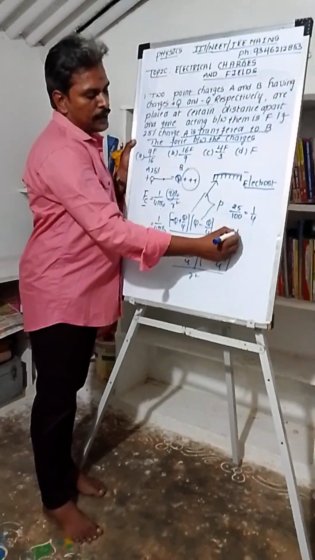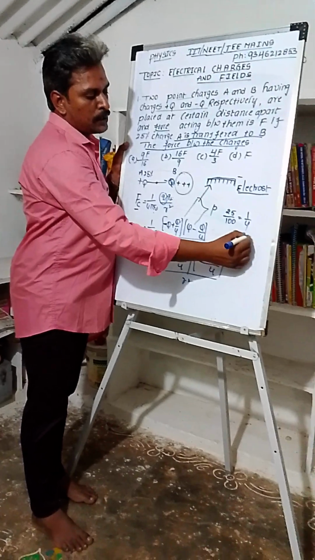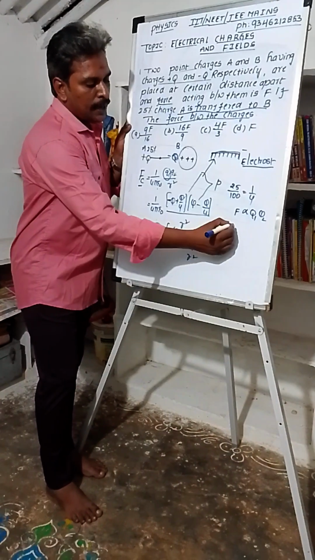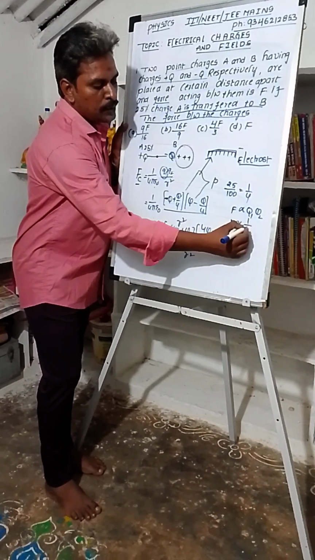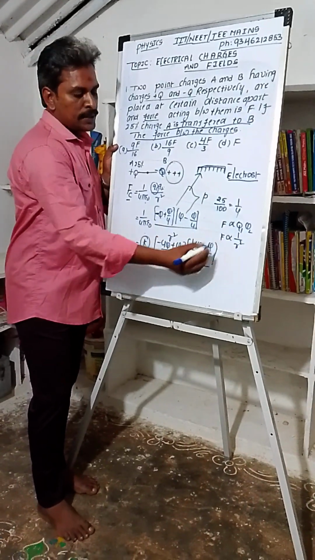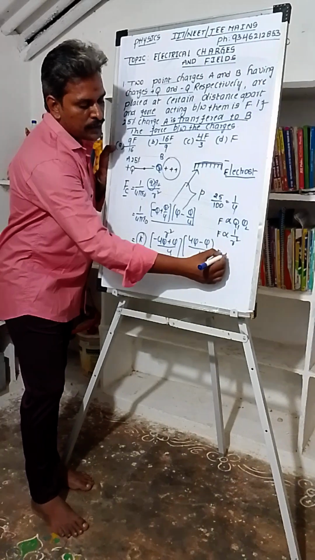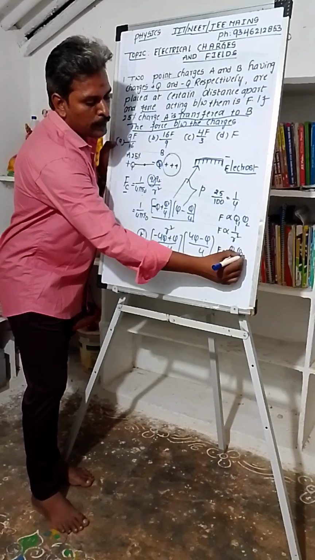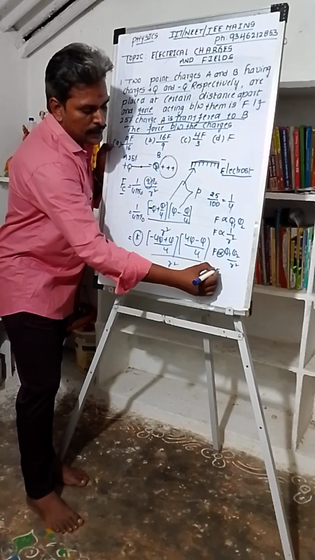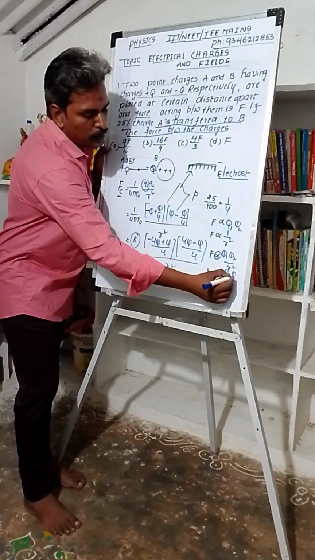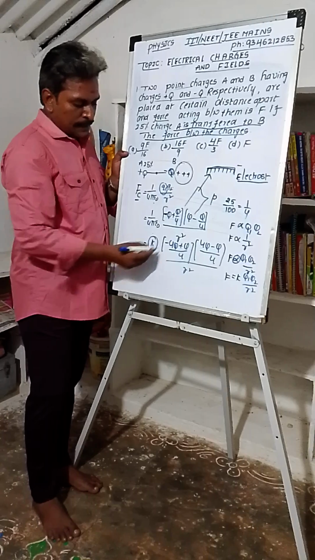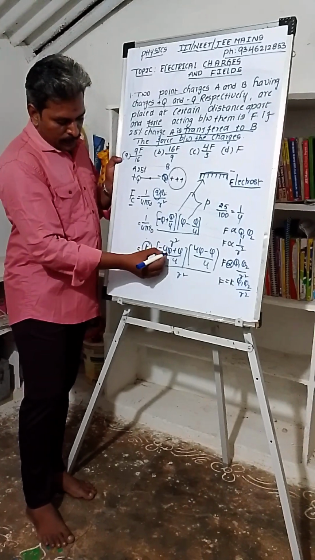Because force is directly proportional to the charges q1 and q2, like a positive charge and negative charge, and force is also inversely proportional to the square of the distance. So if I am combining these equations, q1 q2 by r square, with some proportional constant, that is equal to k q1 q2 by r square. That's why I am writing it here as a proportional constant.